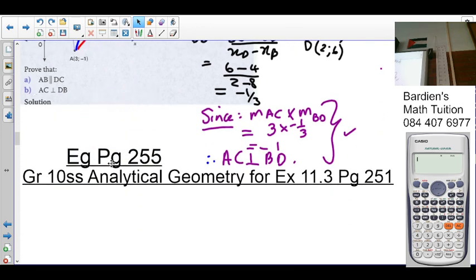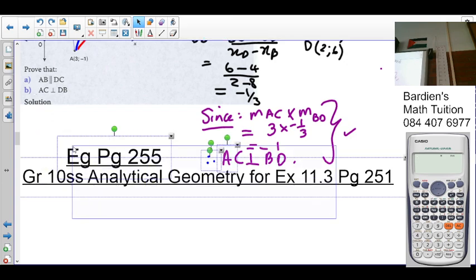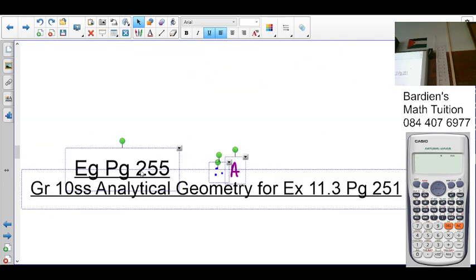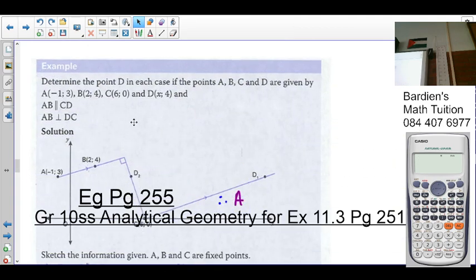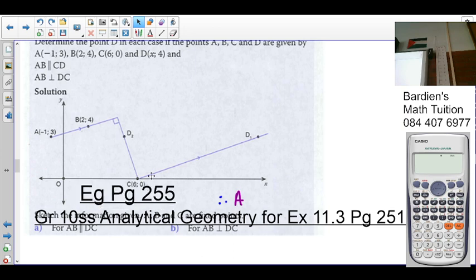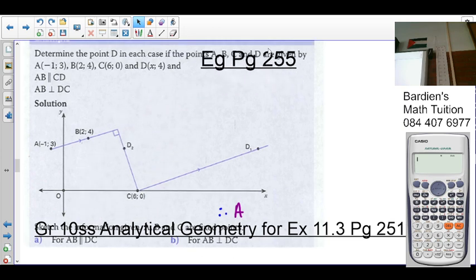Okay, we'll do another one. People, this is the example on page 256.